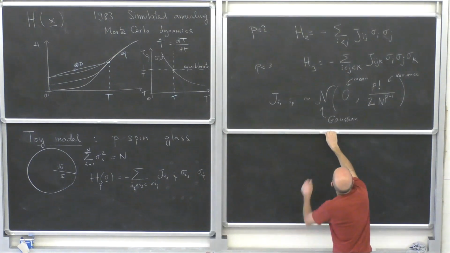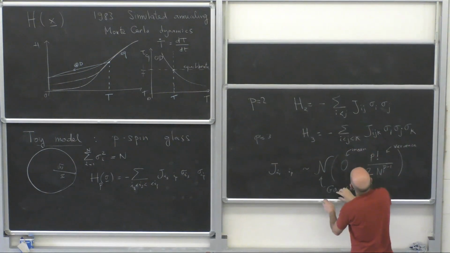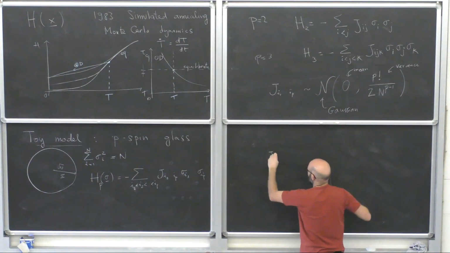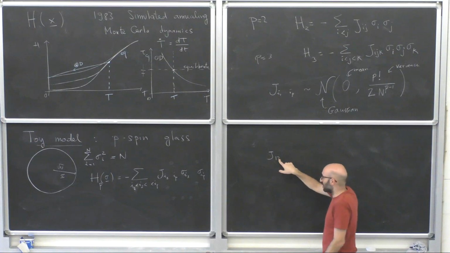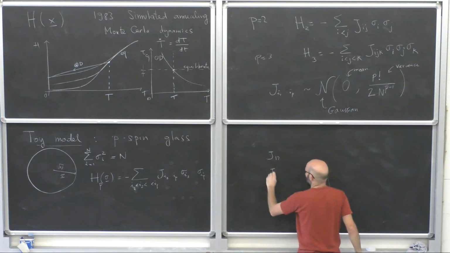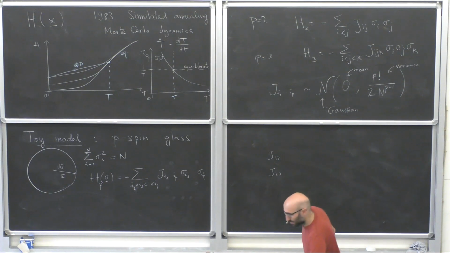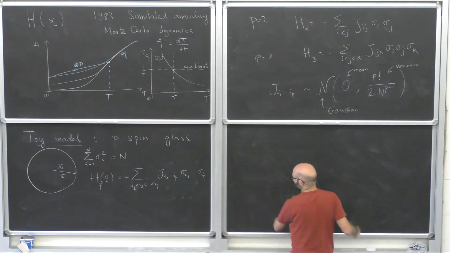So for example, in the case of two spins, J12 is a Gaussian variable with zero mean and variance, and J23 is another variable independent from that, and so on and so forth.